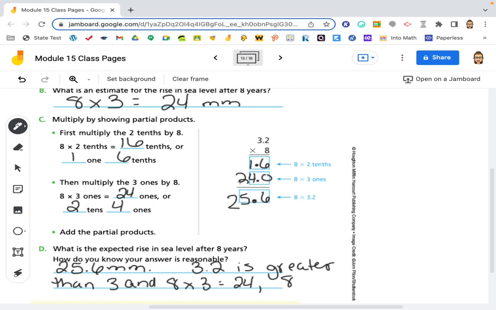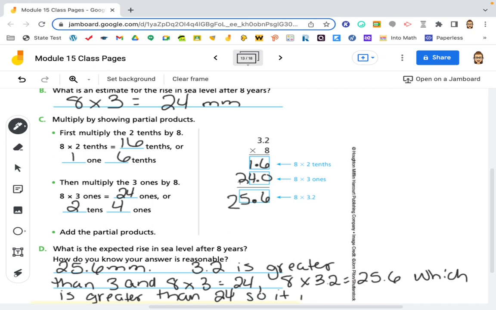And we got 8 times 3 and 2/10 equals 25 and 6/10, which is greater than 24. So it is reasonable.